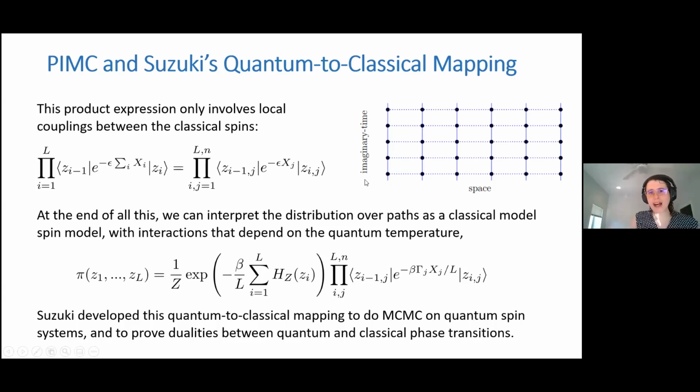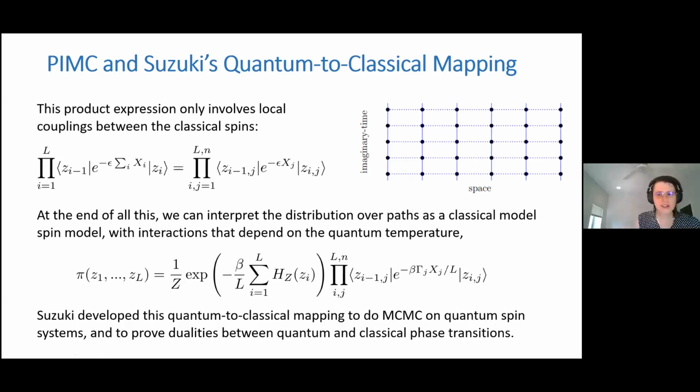And what you end up finding is that you have your original spatial system, and that's this part. And you have this new imaginary time direction. You could take your original d-dimensional quantum model and expand it into a d+1 dimensional classical model, such that as you continue doing algebra on this, you can write your original quantum partition function or your quantum Gibbs distribution in terms of a classical partition function and a classical Gibbs distribution.